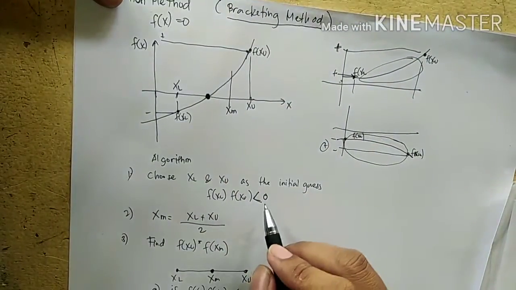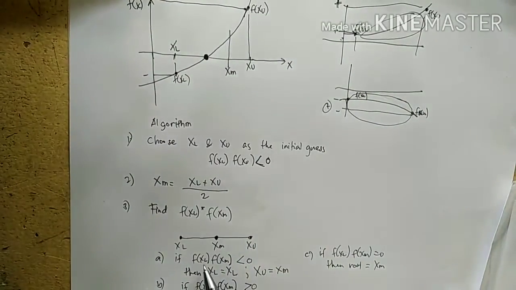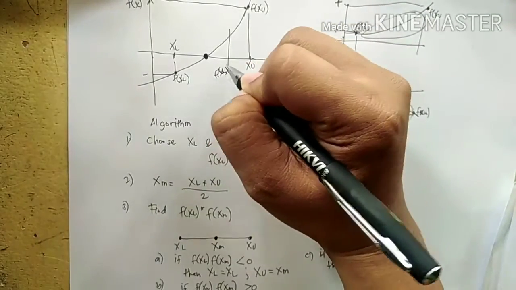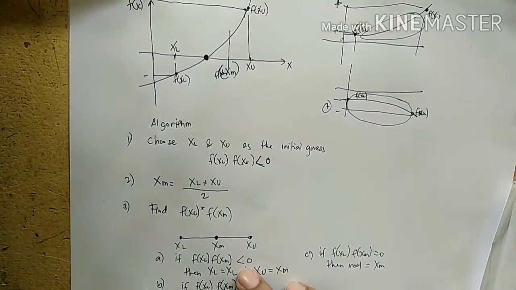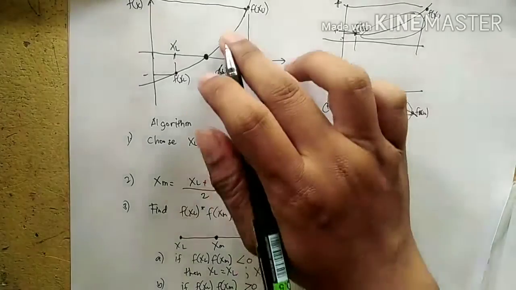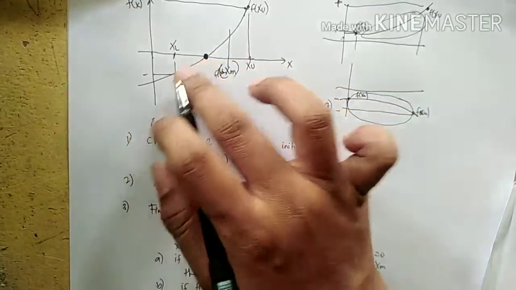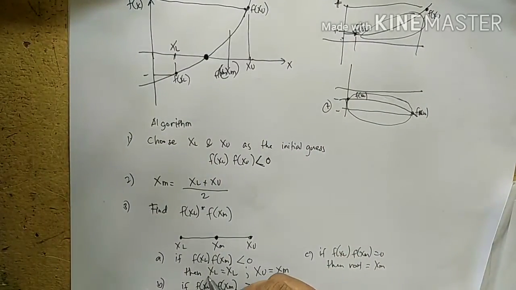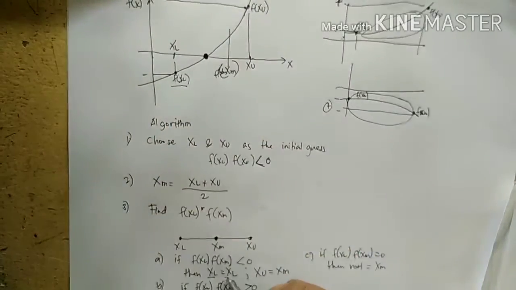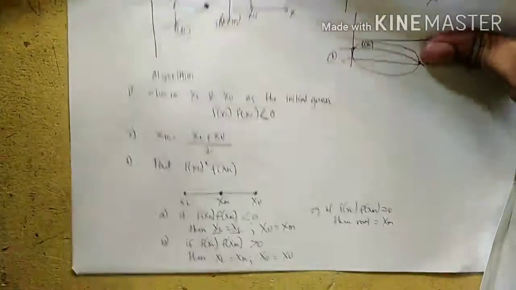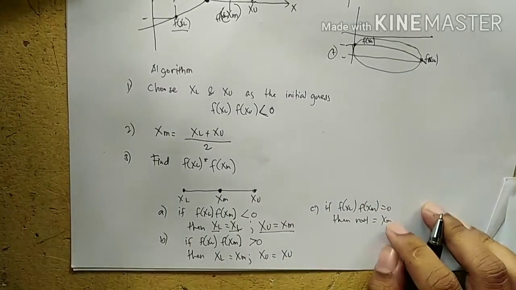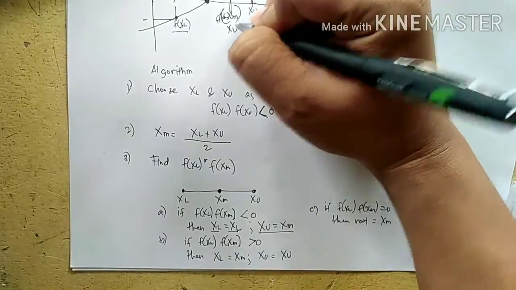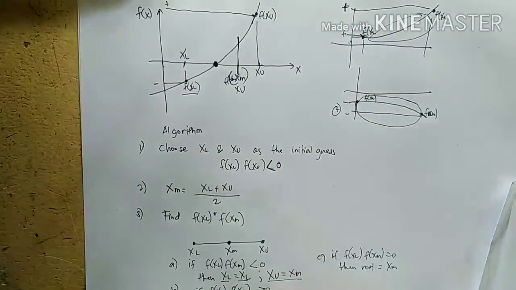Like this one, if you multiply f of x sub l times f of x sub m and it is less than 0, meaning negative, there's a root in between, therefore your new x sub l will be the same, but your new upper x will be replaced by a new value, which is x sub m. This will be your new xu.